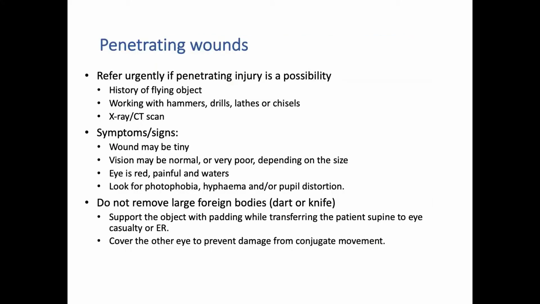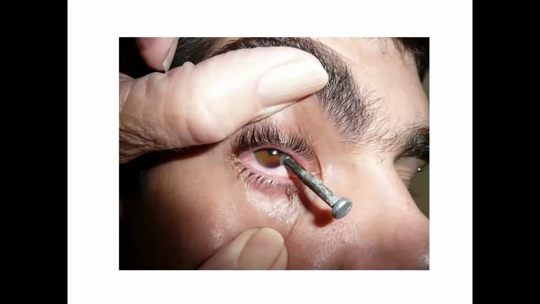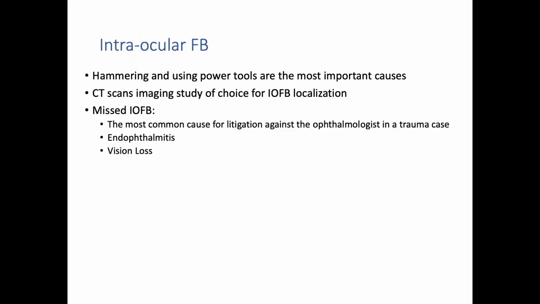If there's a large foreign body, like a dart or a knife, just leave it, don't pull it out. These are real pictures, not makeup. Just cover the eye and send them to ophthalmology.